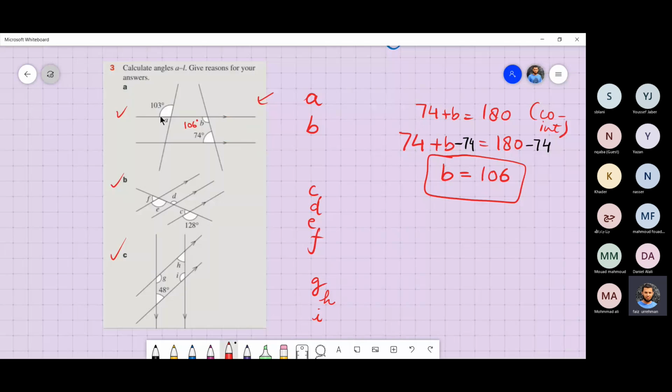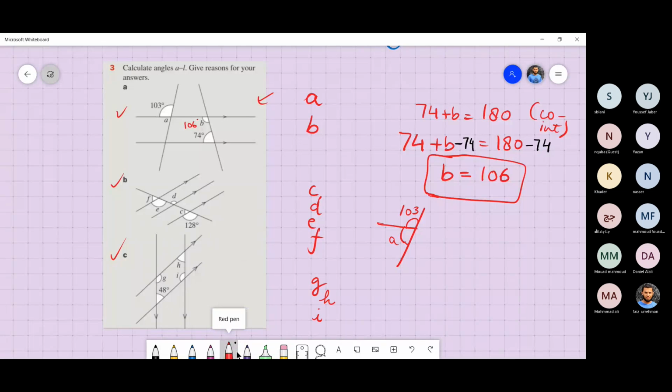But we can find A using this angle, 103. Who can tell? Alternate? If I draw it separately, you will understand. Can you find A? 103 plus A equals 180, by the property of?